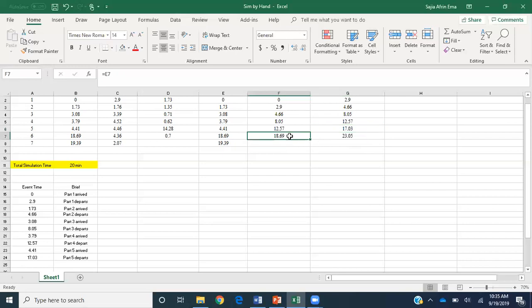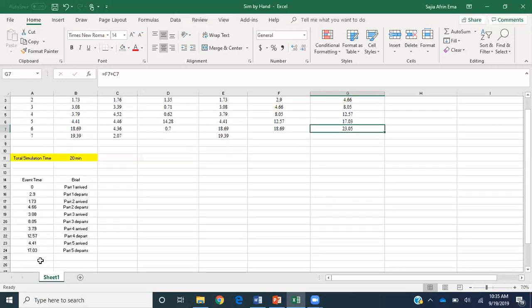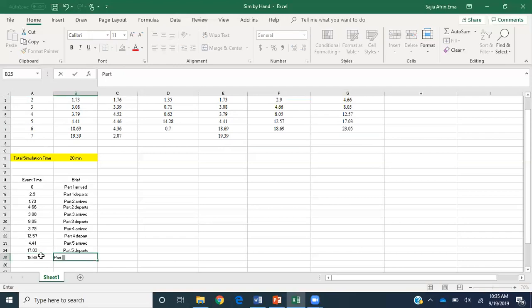So it will straight away join the service and then depart the system at 23.05 minutes. So I'll write this number, 18.69 minutes, part 6 arrived. And then part 6 will depart the system at 23.05 minutes. Part 6 departs.